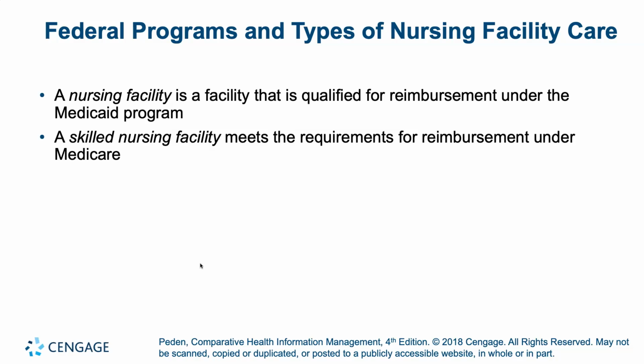And so Medicaid will pay for an intermediate care facility, but they may not pay for a skilled nursing facility. And Medicare may pay for a skilled nursing facility, but not an intermediate care facility. And it can change. So just remember, in this long-term care setting, you're going to be dealing with Medicaid and Medicare, sometimes both, and sometimes one will choose one setting over the other in terms of what they will cover and pay.